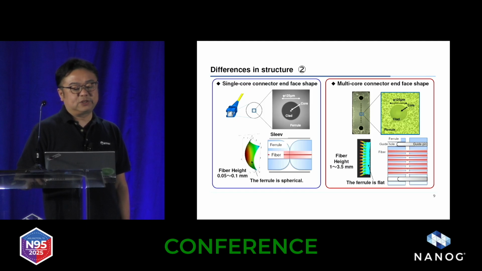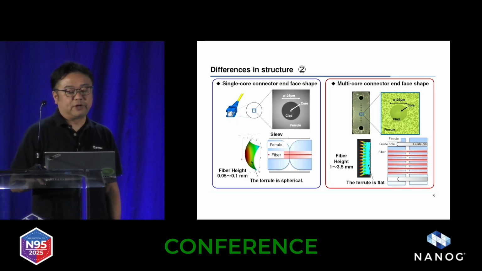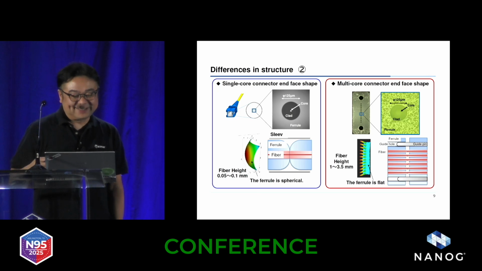The 3D image of each measured end face also clearly shows the difference in shape. In single core connectors, the ferrule and core have a matched surface. On the other hand, you can see that the MPO's fibers pop up from the ferrule. The 3D image at the bottom right is slightly emphasized so that it is easier to see.